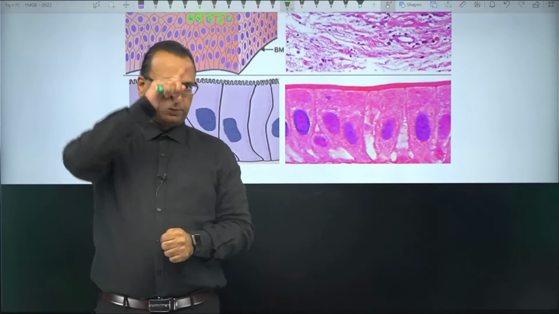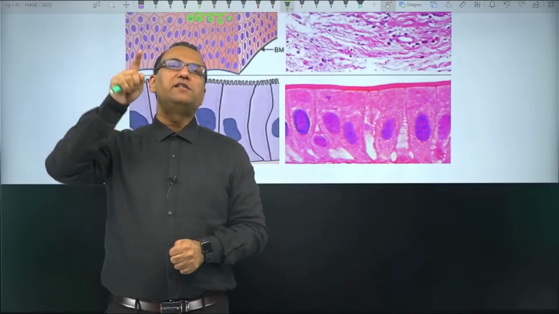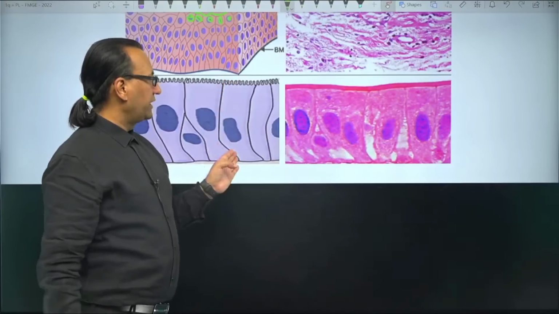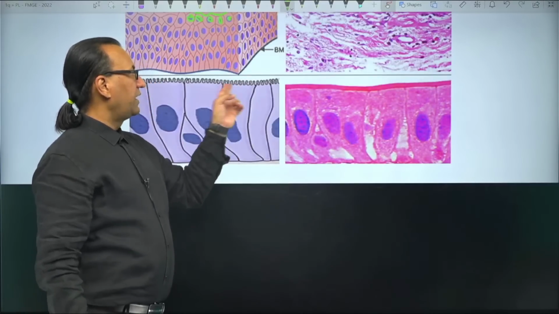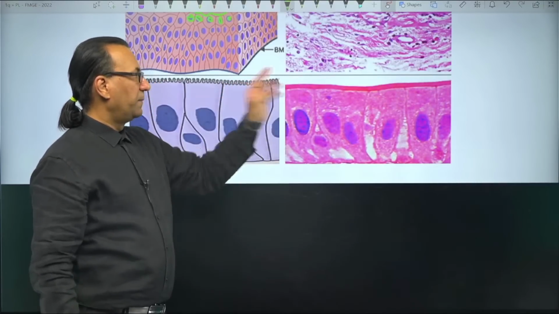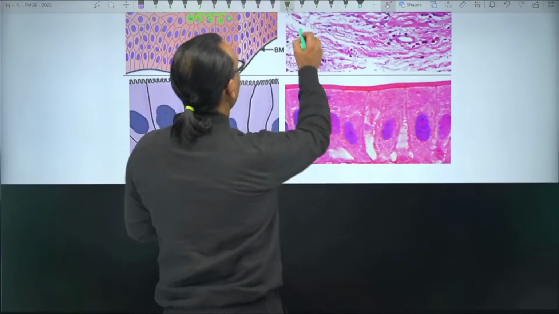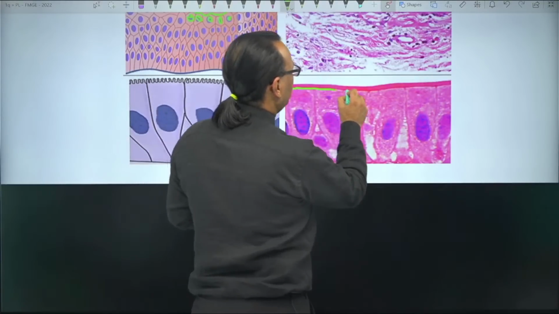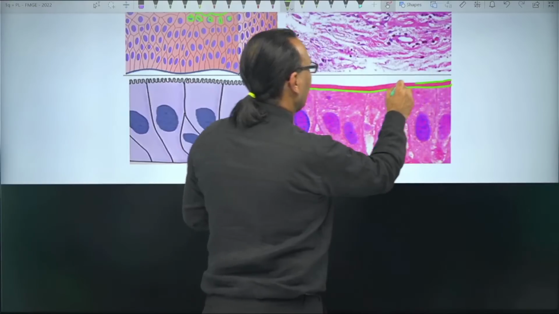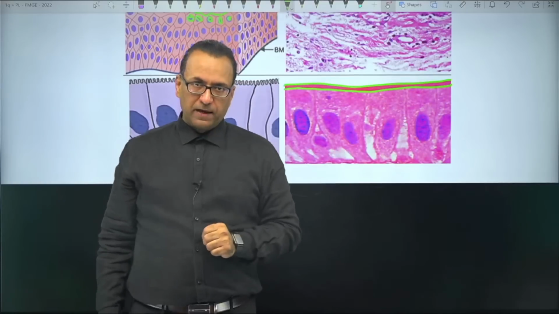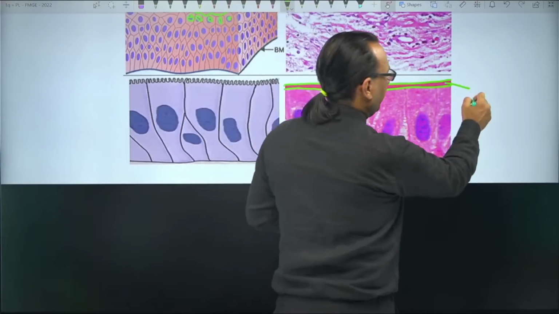Microvilli are surface projections, and they are to increase the surface area of absorption. That could be in the small intestine. So small intestine will have this microvilli, and this is how it appears. It is like a thin pinkish line above the cells of the epithelium. So this is how the microvilli will appear.